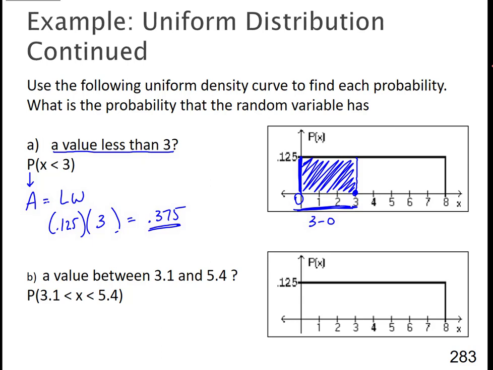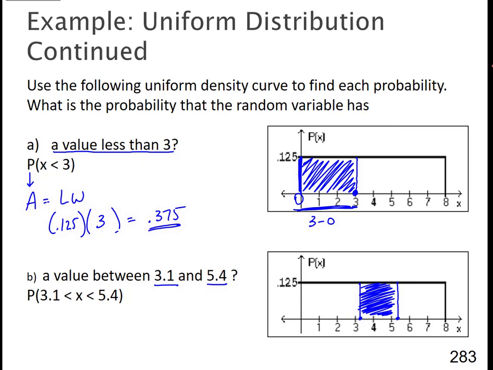Okay, so if you're back, hopefully you estimated where 3.1 is. So we're finding the probability of the value between 3.1 and 5.4. We're just estimating on our number line, on the horizontal axis. Draw up to the top of the graph and then shade between. Again, we have a small rectangle inside the large rectangle.